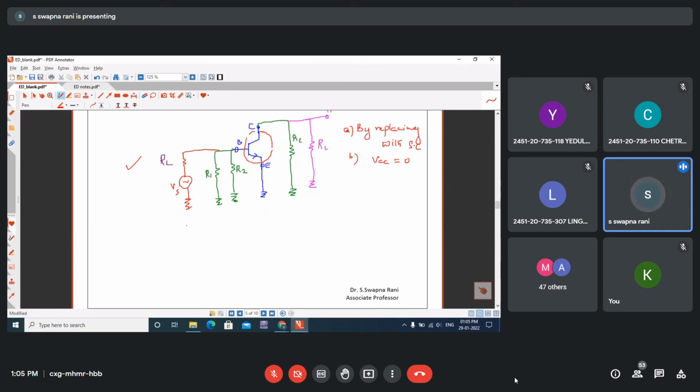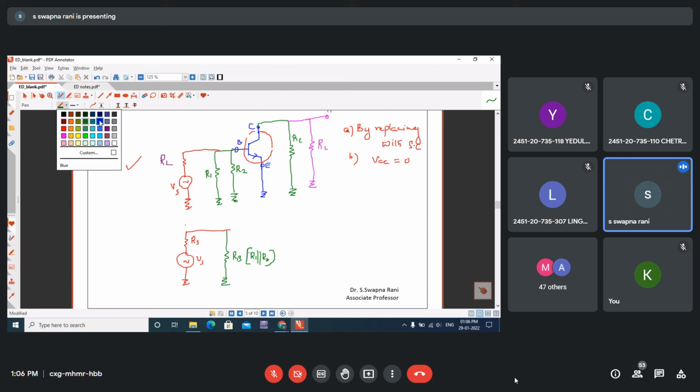Now I will further simplify this. See here, RS and VS. R1 and R2 are in parallel, right? So instead of two resistors, I will make a single resistor, RB, the biasing resistance, which is R1 parallel R2, and the transistor symbol as it is.